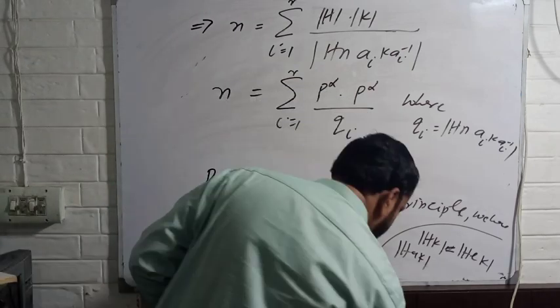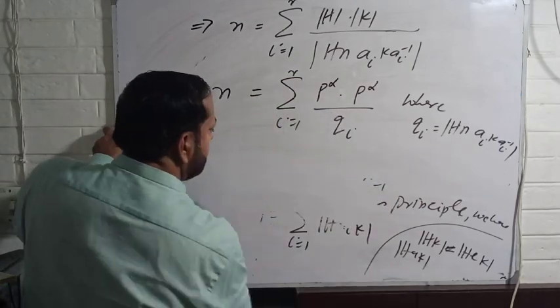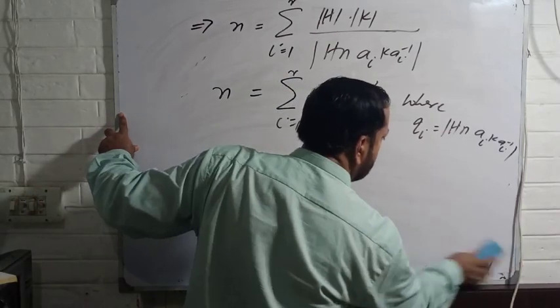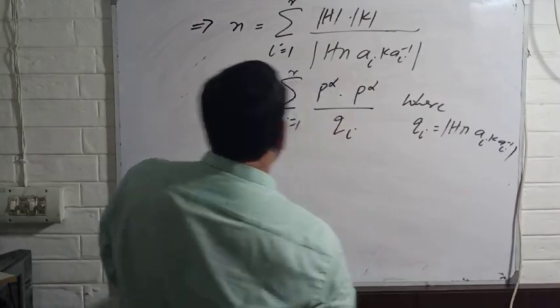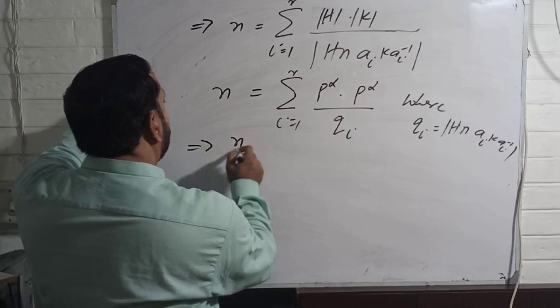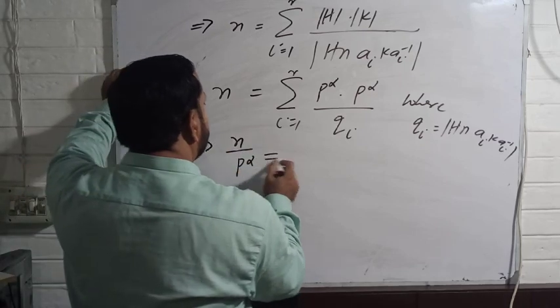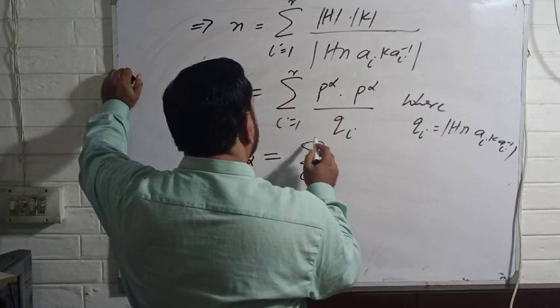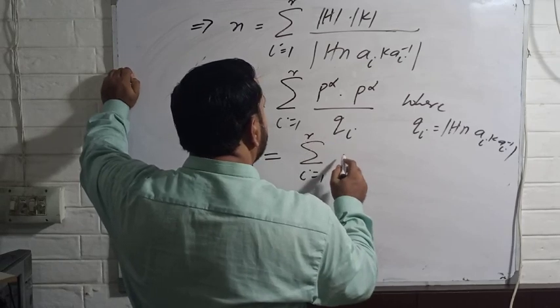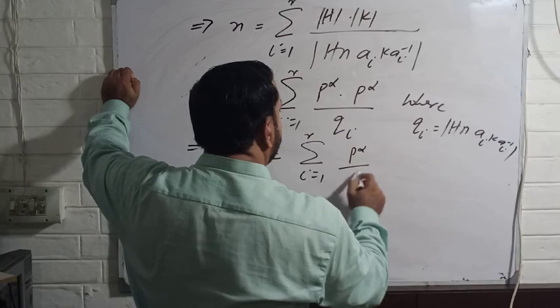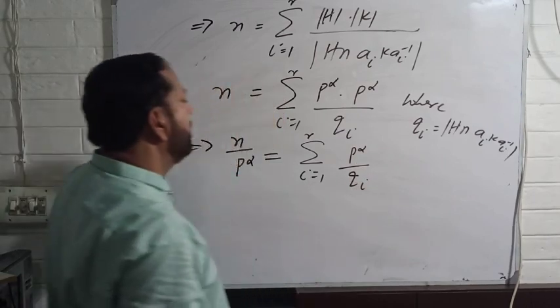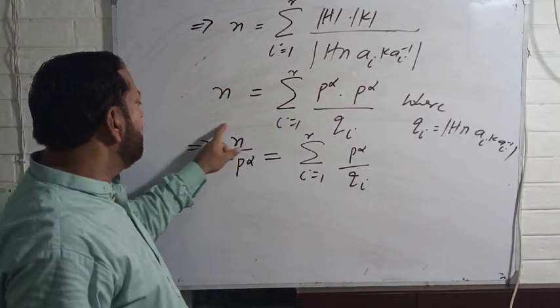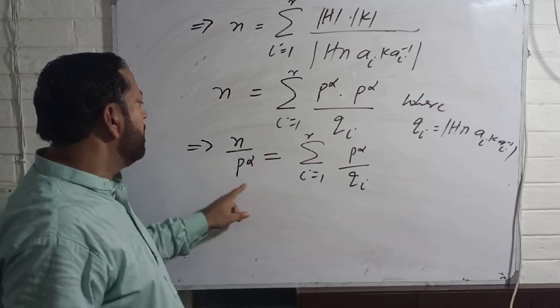So what is this? This implies n over p power alpha is equal to the summation, I from 1 to r, of p power alpha over qi. Then look at equation number 1.